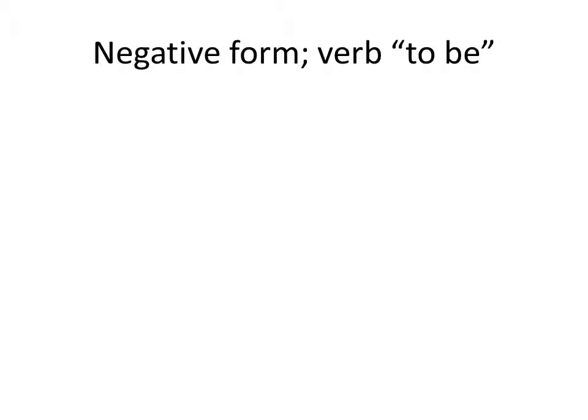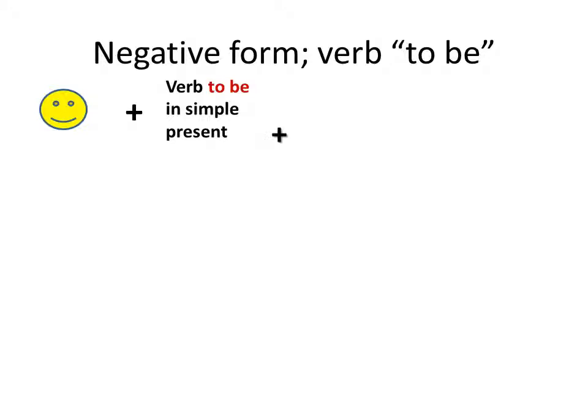Negative form, verb to be. So we're going to start with the person plus the verb to be in simple present plus the negation word, which in this case is not, like usual, plus the complement.